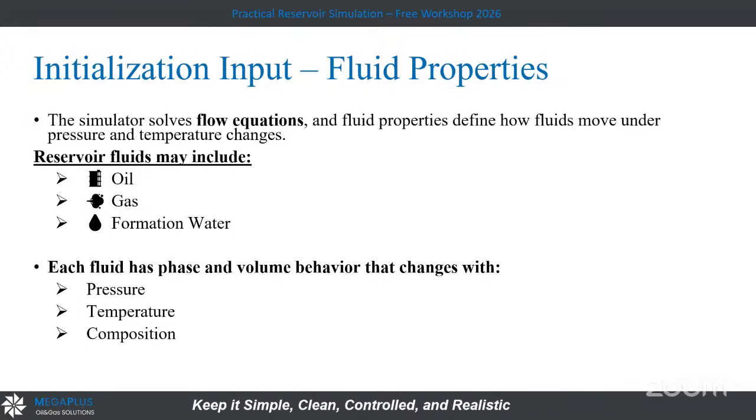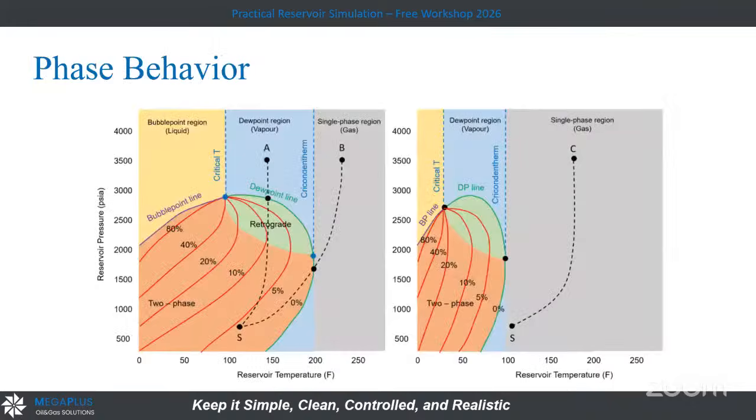So you will find here in the fluid properties, at this picture as an example, at the right hand side we have this picture and in the left hand you will have this picture.